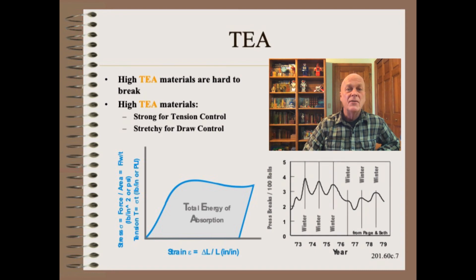If you review the first clip in this series, or read Page and Seth's work, you will note that the winter season is big troubles for web breaks. Those of you who are familiar with paper as a material will know that the tensile strength increases with dryness. So, why then does the drier winter paper break more often when it is in fact stronger, at least by the MD tensile strength test?